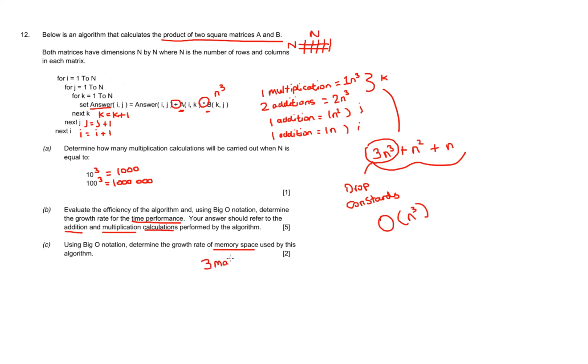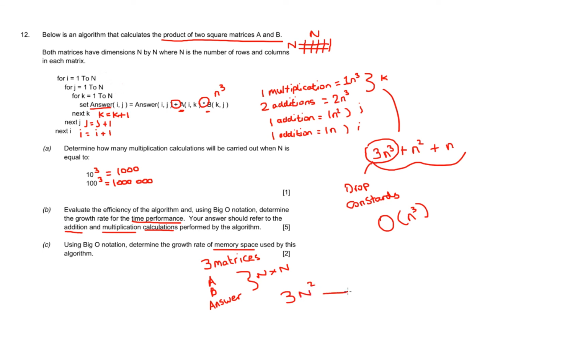So what I'm storing inside answer ij is the result of answer ij plus the multiplication of matrices A and matrices B. I'm dealing with 3 matrices in total, A, B and answer. And like I said before, each matrices is n by n.